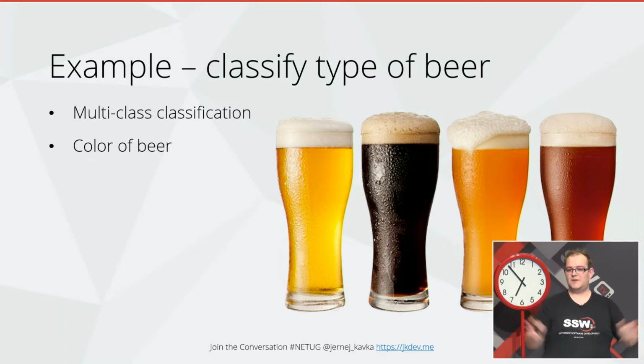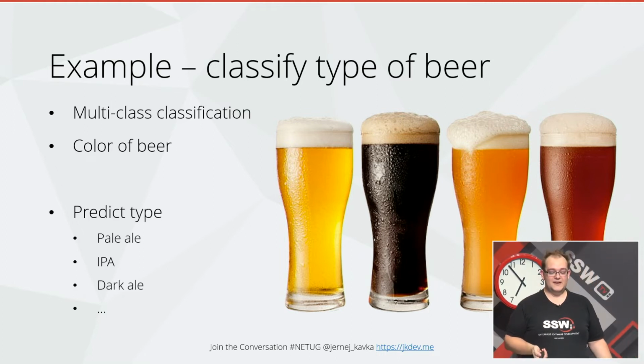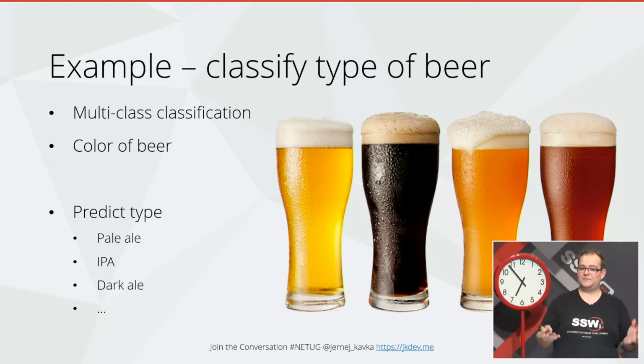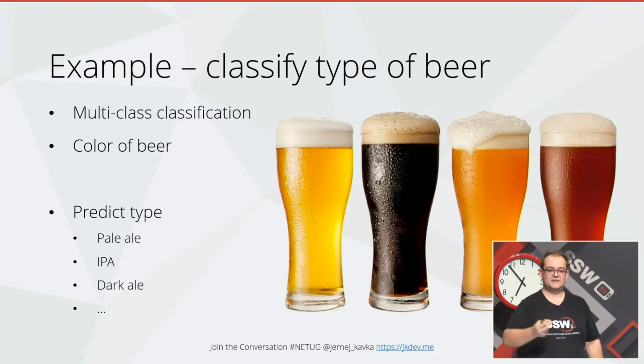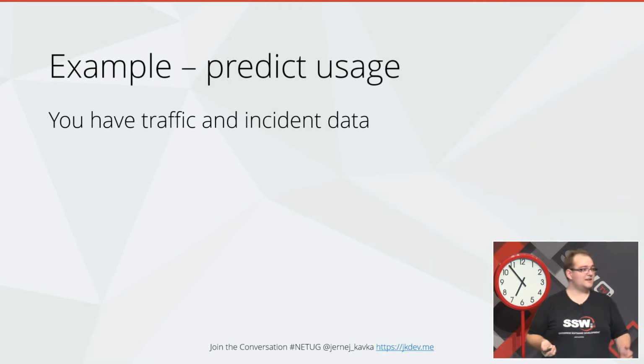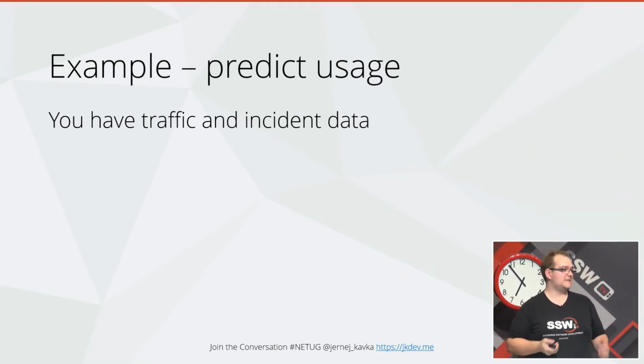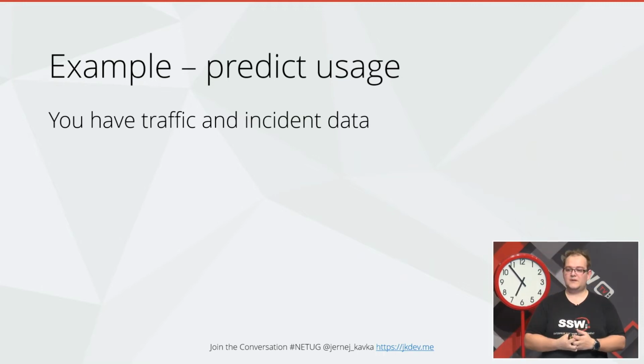So you might have one machine learning model that recognizes beer, and you then take the color of the beer. And from that, you can actually predict what kind of beer it is, because each kind of beer has a very specific color.